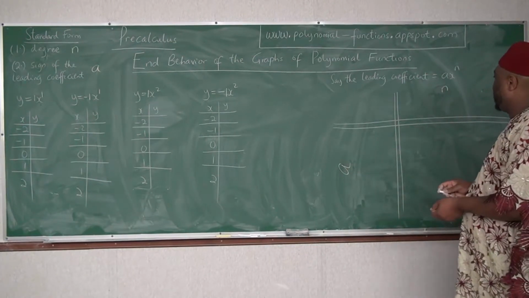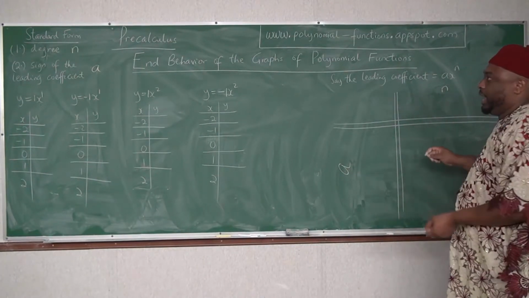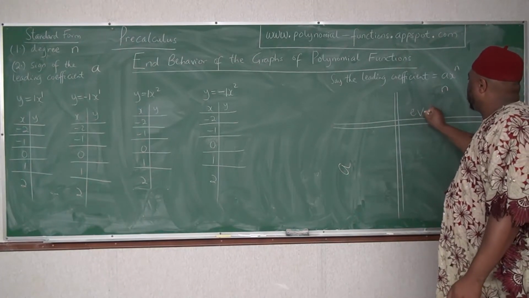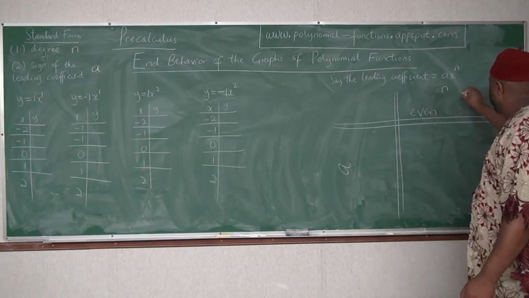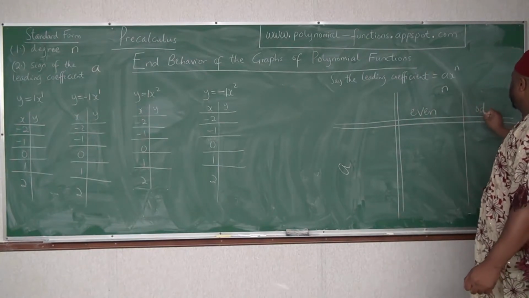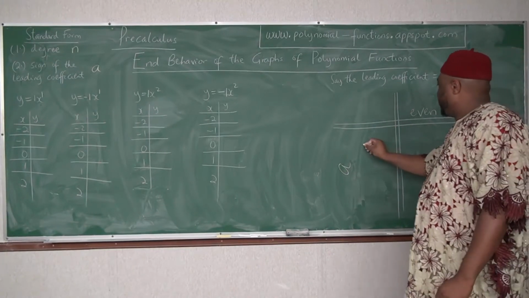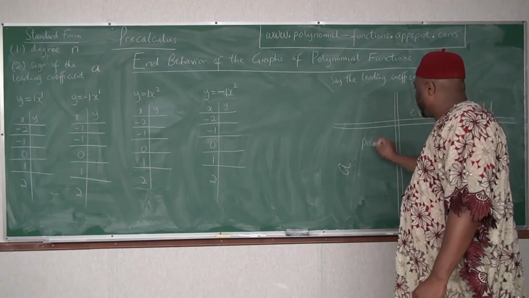So this n, I'm looking at even degree, and then odd. And then a, I'm looking at positive. a is positive.